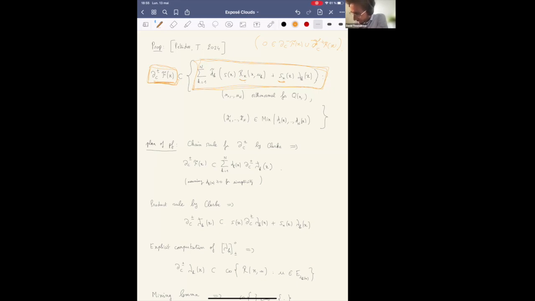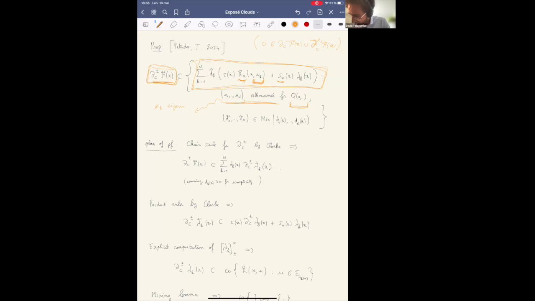This Fréchet derivative is evaluated at some elements u_k of an orthonormal family for the L2 scalar product. Maybe it's not only orthonormal, these u_k are also eigenfunctions, so they realize the min-max associated with lambda k.